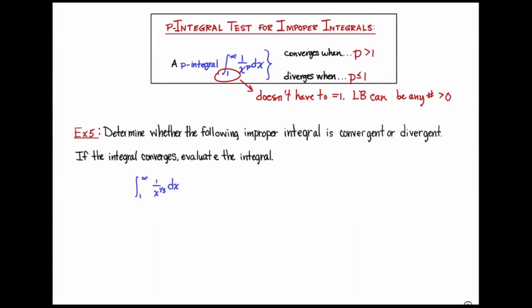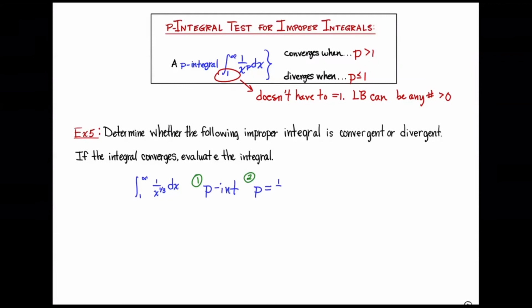Previously, we would have had to integrate this, but now that we have the p-integral test, we can simply state there's 3 parts to it. So first, identify it as a p-integral. Second, state the p-value, whatever power x is raised to. In this case, we have p is equal to 1/3.